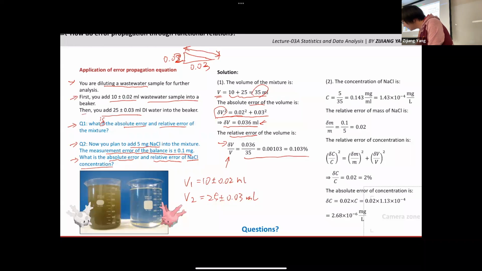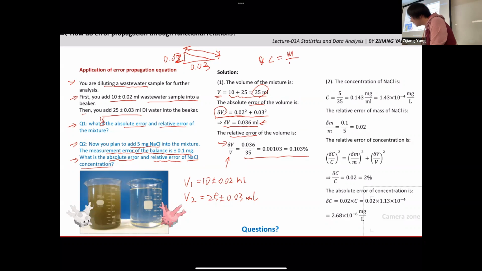In this case, the concentration equals the mass divided by the total volume. So first, we can calculate the concentration of this sodium chloride.